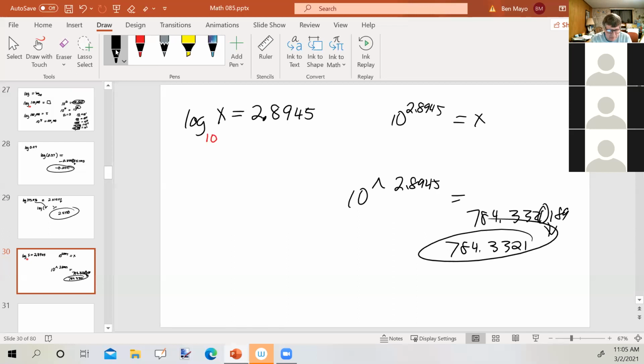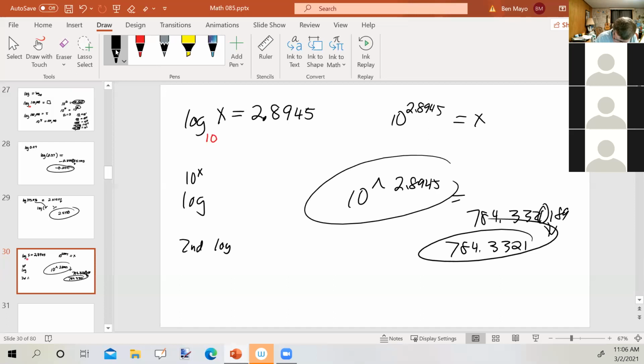Another way I could enter this into my calculator, remember I said that the second function key of log was 10 to the x? So I could start out with a second function log, and what actually shows up looks like this: 10 with a little caret and parentheses.